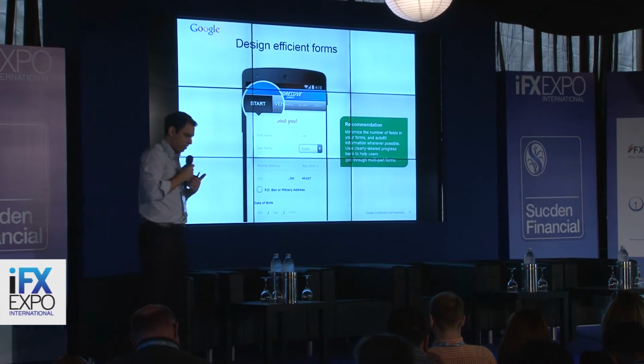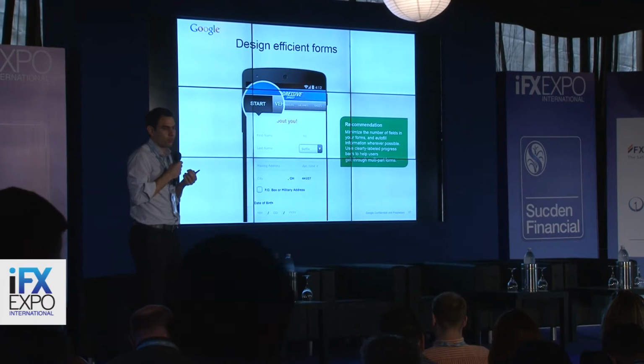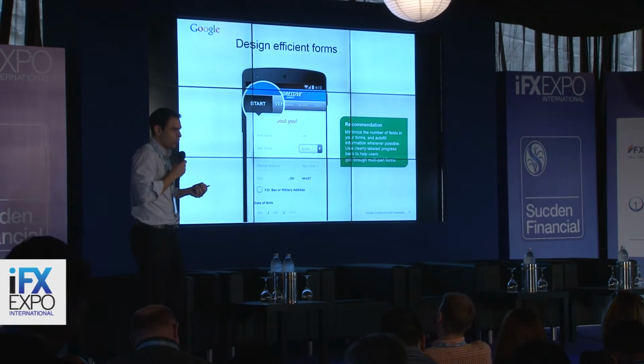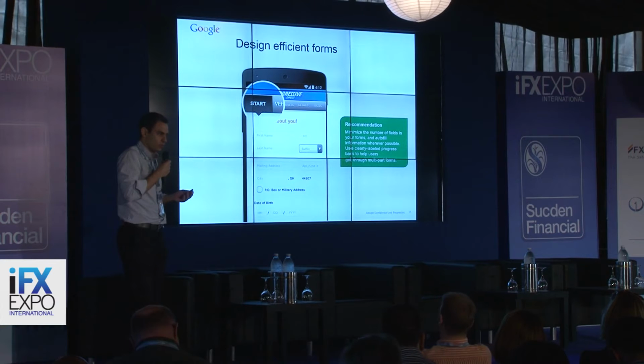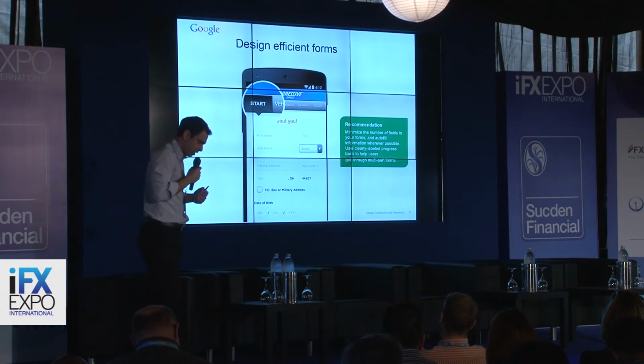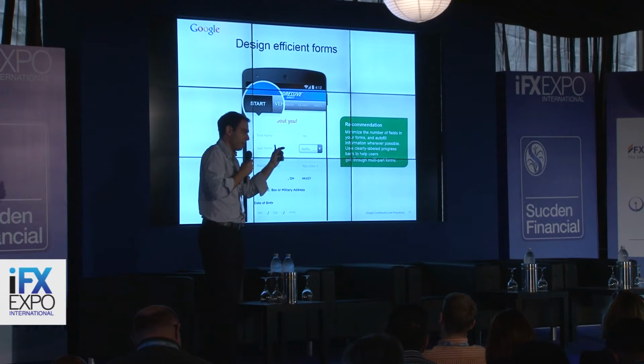Second, very important, auto-completion. If some fields can be auto-completed, they should be auto-completed. So 9 out of 10 forms don't have auto-completion. Let me give you an example. If I go to 9 out of 10 brokers today and I try to open an account in Cyprus, the country of residency will be blank.